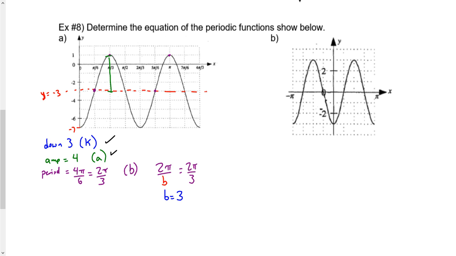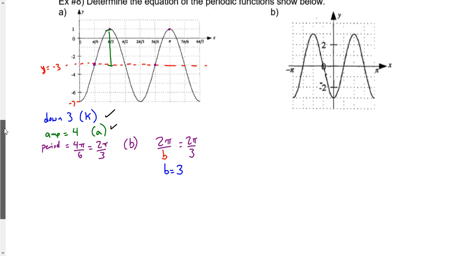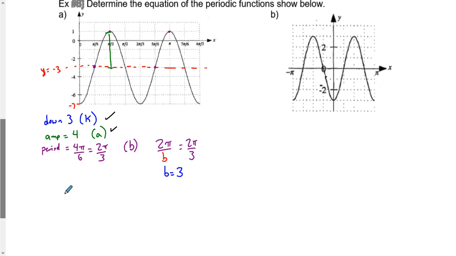Now, the reason that I didn't do too much with the horizontal translation is because it changes whether we're talking about a sine graph or a cosine graph.